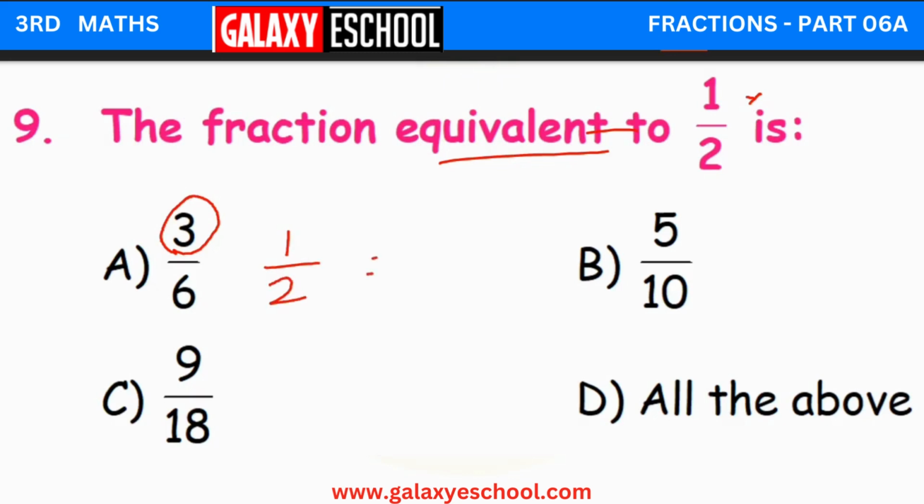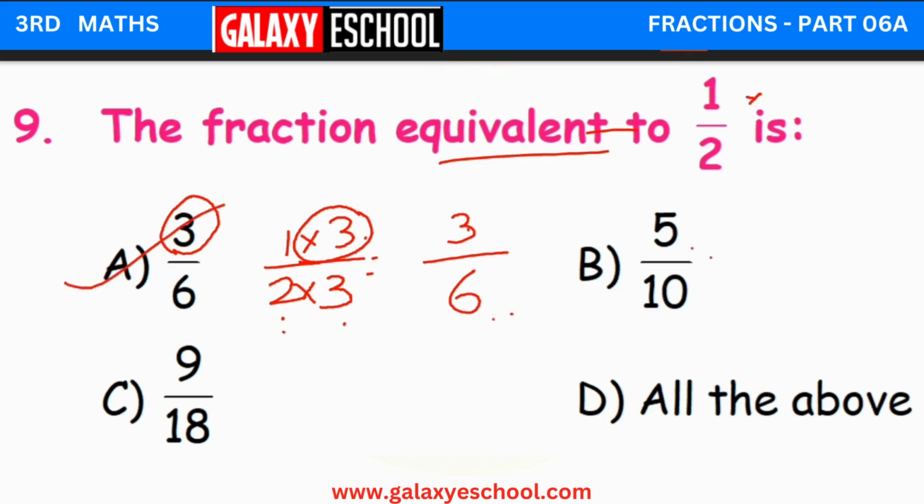We are having 1 by 2. To get 3, what should we do? We should multiply 1 with 3. 1 3s are 3. And as we have multiplied the numerator by 3, multiply the denominator also by 3. 2 3s are 6. So option A, 3 by 6, is our correct answer.